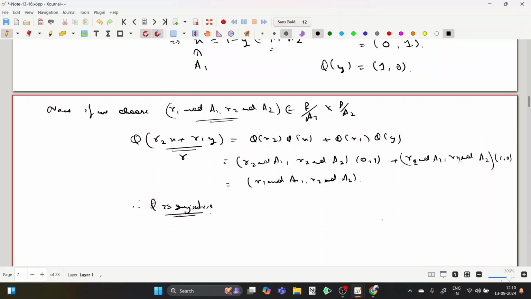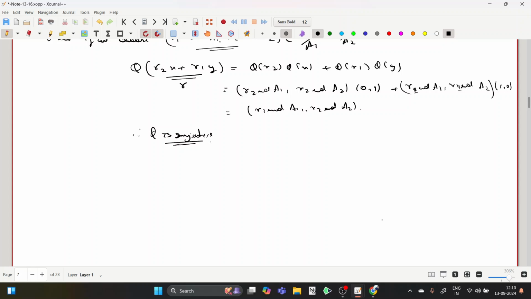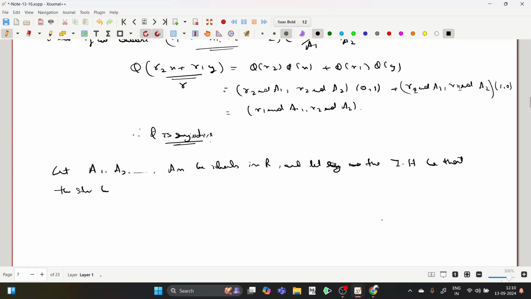Clear? Now, observe that if I now choose the collection of elements, let a1, a2 till an be ideals as given in the hypothesis, be ideals in R, and let us use induction. Let the induction hypothesis, I am writing it as IH, be that the statement holds for any k less than n.